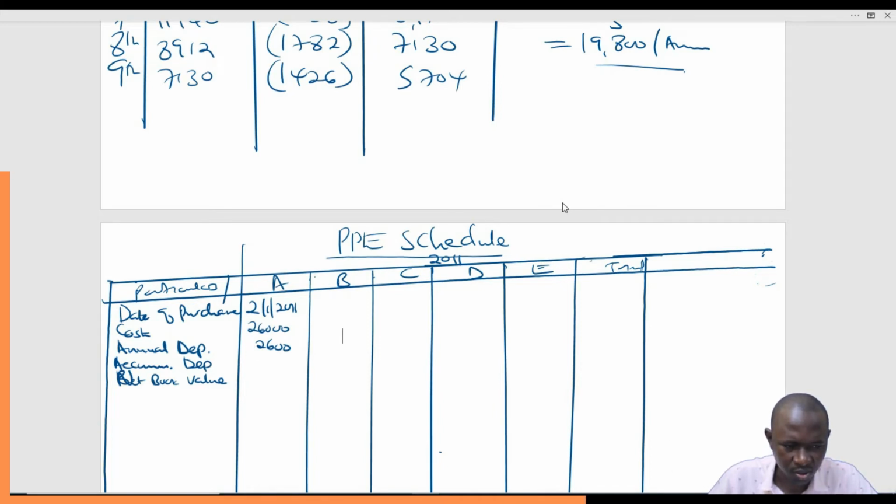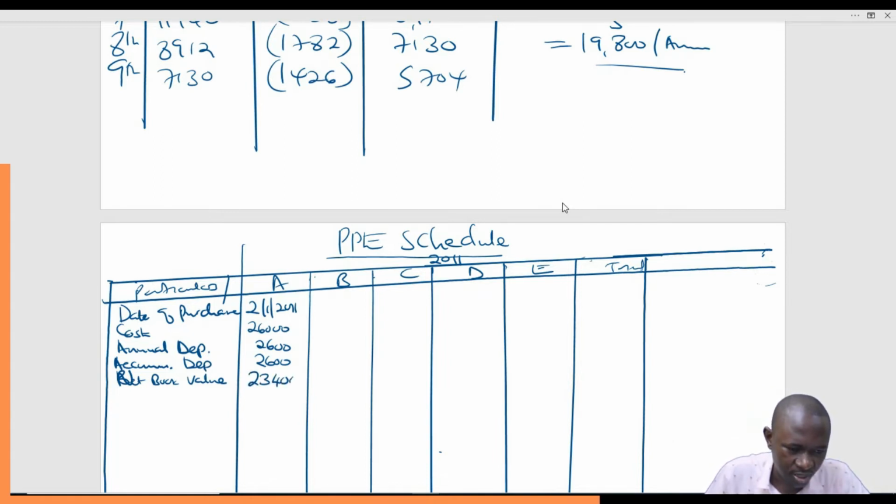Accumulated depreciation will be 2,600 still. And then the net book value will be 26,000 minus the accumulated depreciation, which will give us 23,400.